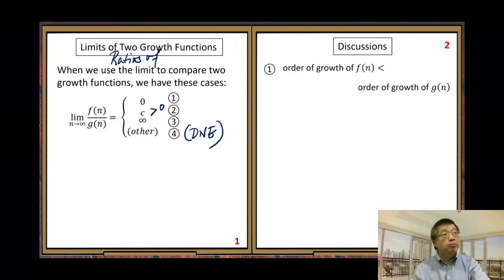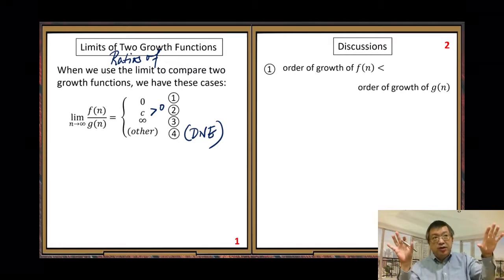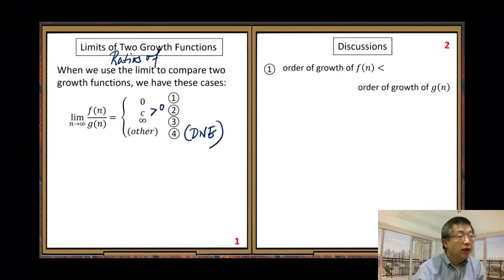All right, then let us do some more discussion on these 4 cases. First one, when we do the comparison, we need to look at the result, right? The possible results. These 4 cases correspond to 4 possible results. Case 1 corresponds to order of growth of f of n is less than order of growth of g of n.